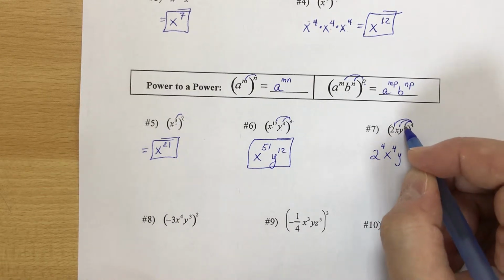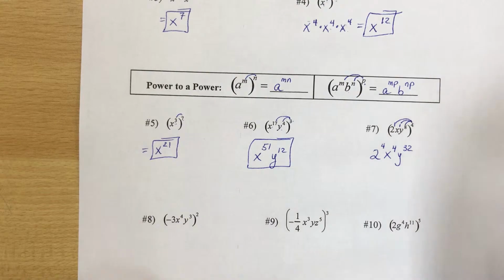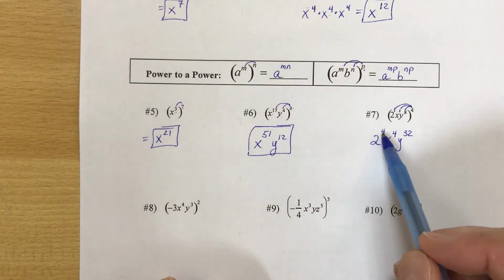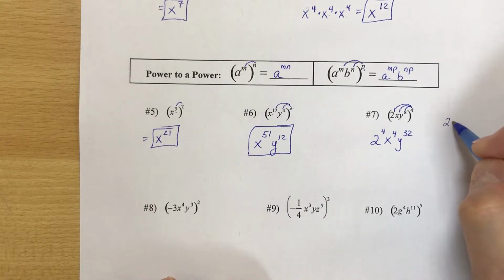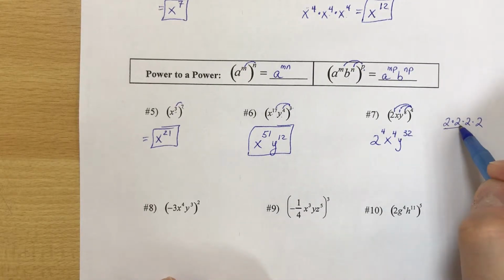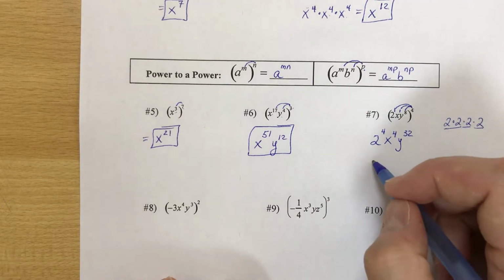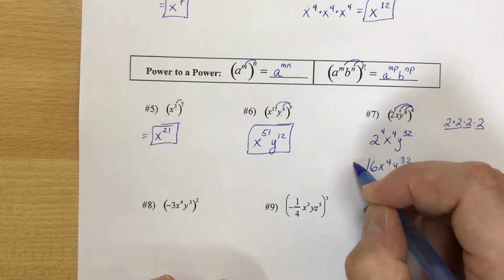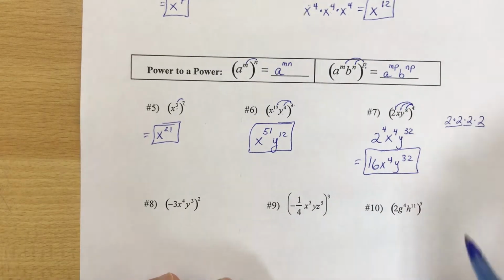Y raised to the 8 times 4, which is 32. Now I'm not going to leave it like that. I'm going to do one more thing. 2 raised to the 4th, that's 2 times 2 times 2 times 2. 4 times 2 is 8 times 2, 16, x to the 4th, y to the 32. That's as far as we go.